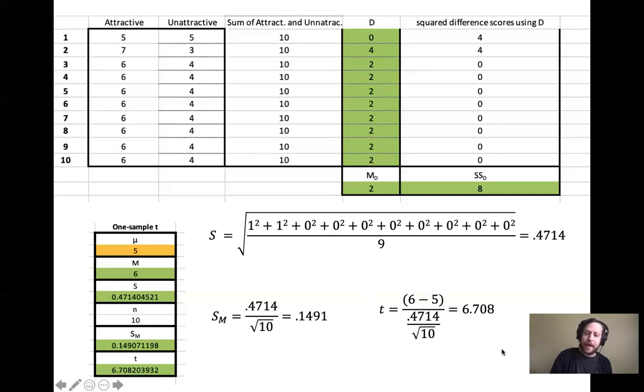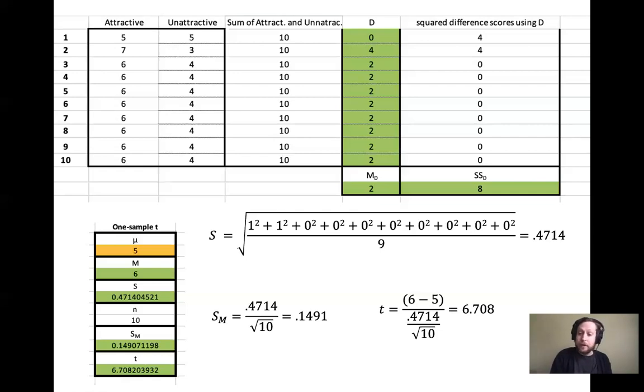And when we do all the math, we get, once again, 6.708. So please note, the t value that we get when we calculate a repeated measures t for this data set is 6.708.